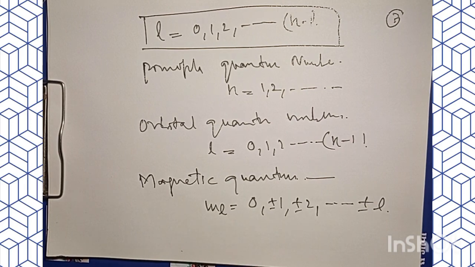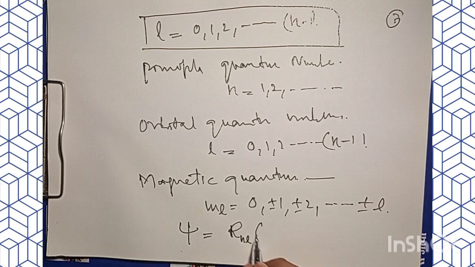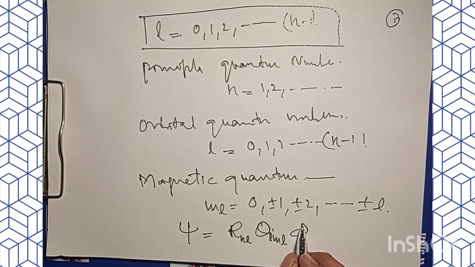So if I have to write down the wave function now to exhibit the dependence on r, theta, and phi, I would write this wave function as psi, in which I have r, which is a function of n, l, and then theta, which gives me l, ml, and then finally phi, that is ml.